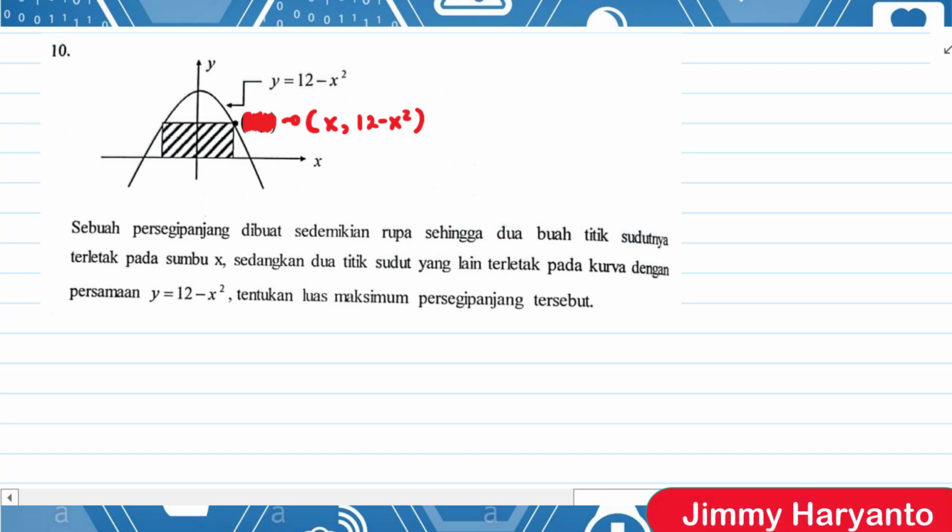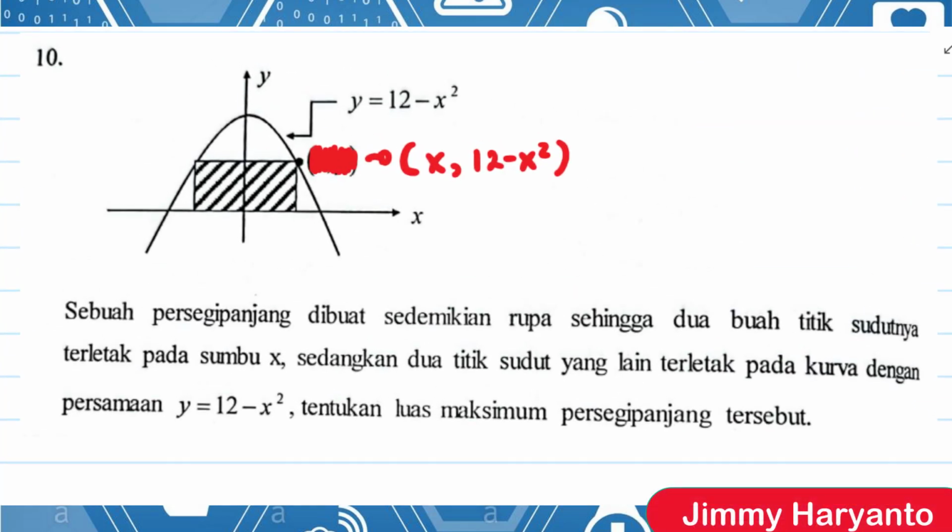And then next is to find the luas maksimum. Yeah, luas maksimum. Okay, so because the coordinates of the point is x comma 12 minus x squared, that means the value of the y is 12 minus x squared. I can say that the height of the rectangle, the width, is 12 minus x squared also.